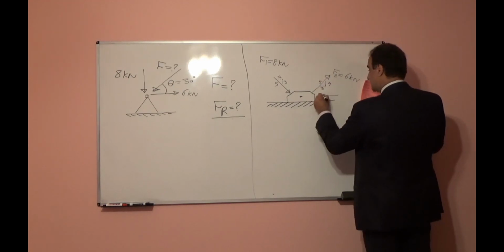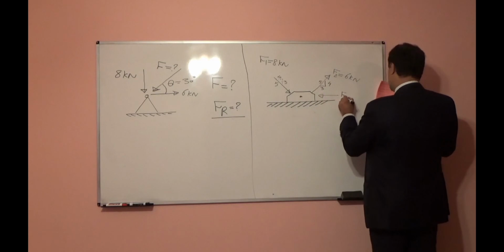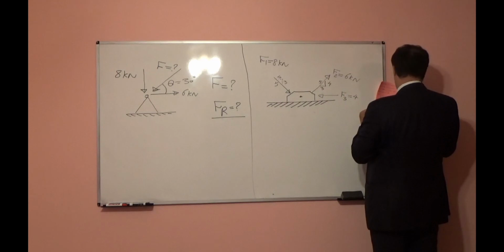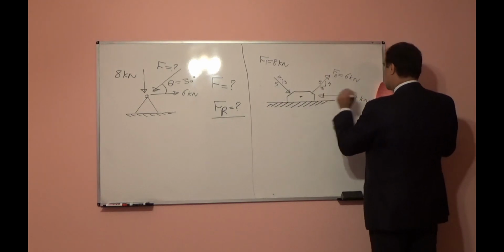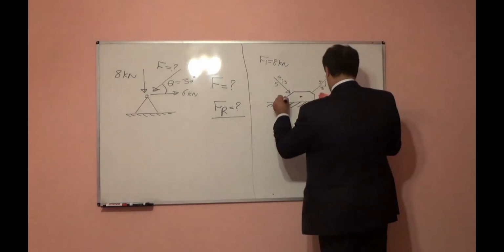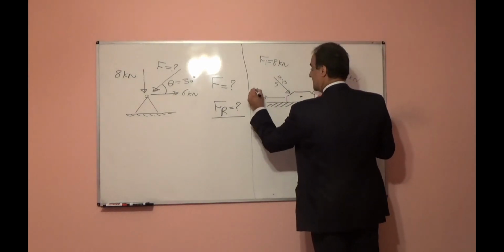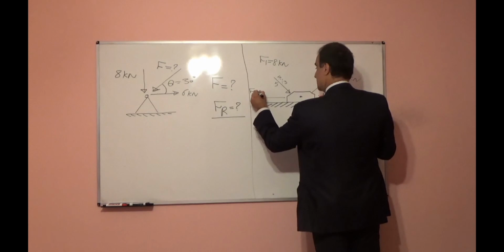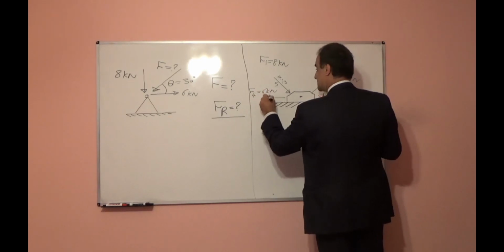Another force, F3, in the horizontal direction, magnitude 4 kilonewton, and you see the direction of the force. Another force, F4, magnitude 6 kilonewton, and again you see the direction.